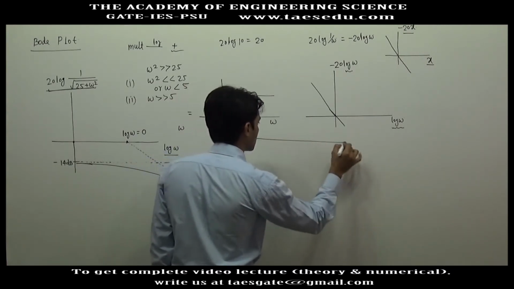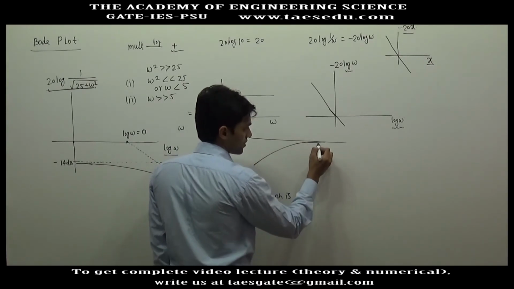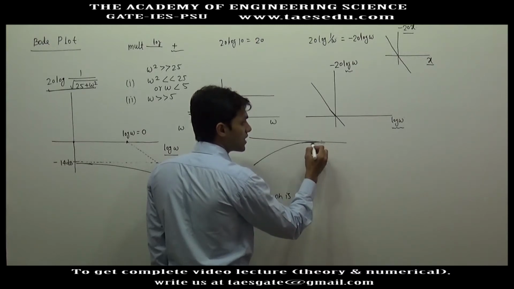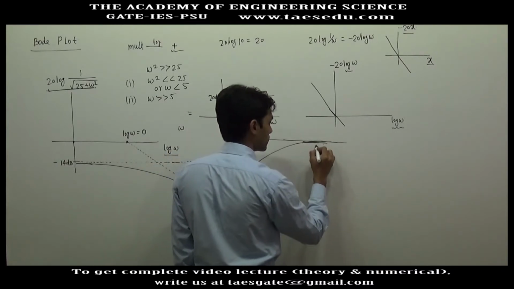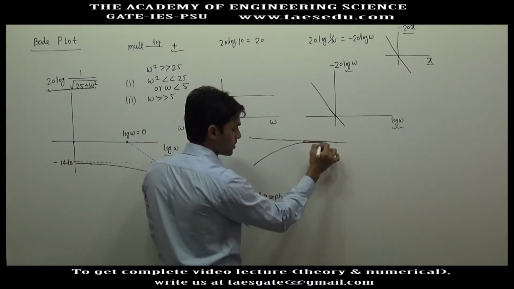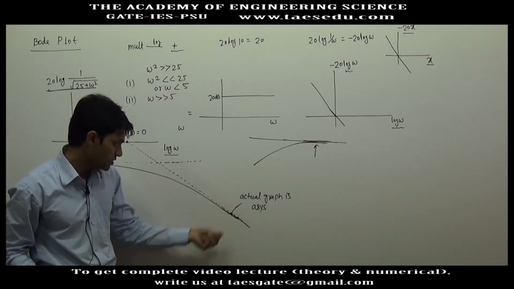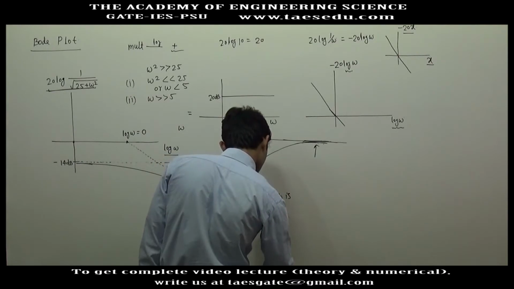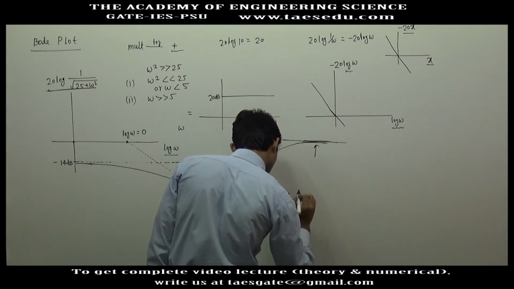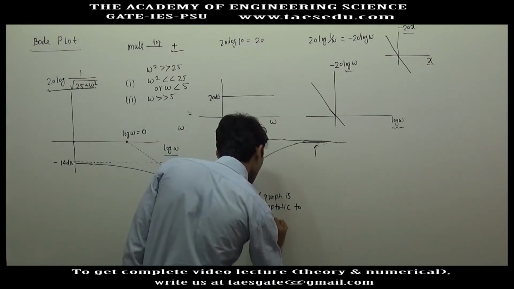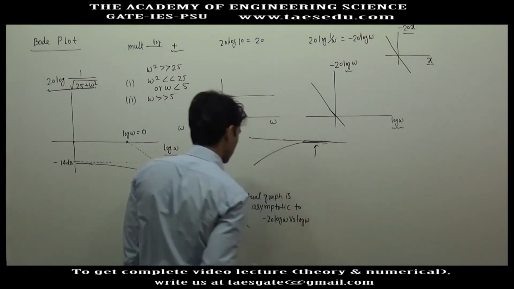Suppose this is the line and the curve is like this. On infinity the curve will meet the straight line and become parallel to it. So we say the curve is asymptotic to this line. Similarly, here the actual graph is asymptotic to minus 20 log omega versus log omega.